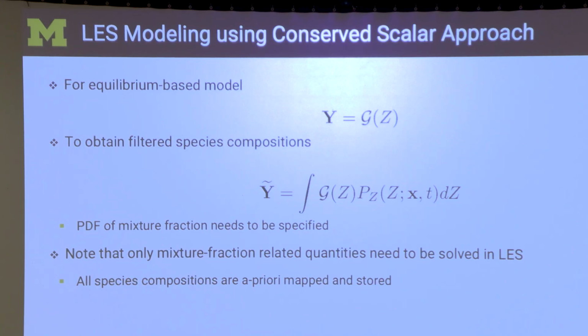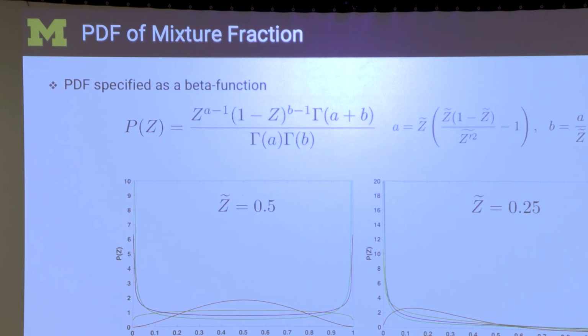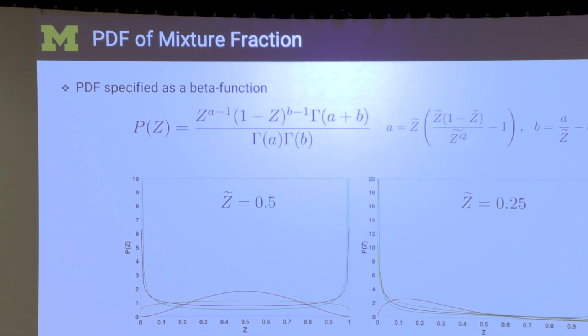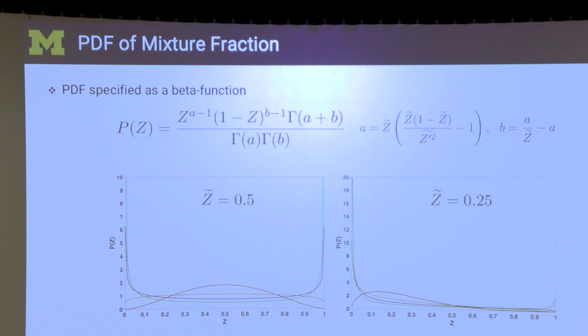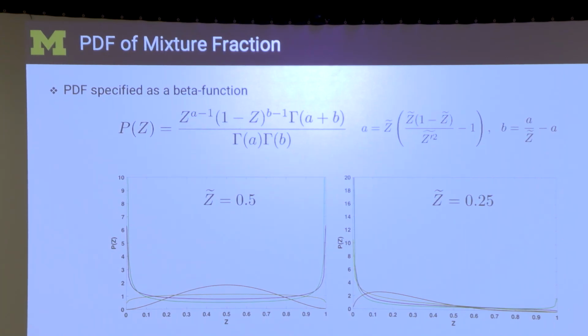So we have the G of Z, which is the combustion model, and the PDF of Z, which we need to somehow specify. I told you there are many ways to do this. Some people make it more complicated, others are more simple. The simplest way to specify the PDF is to prescribe a functional form. You say that the PDF is a beta function, not a Gaussian function, but a modified gamma function.